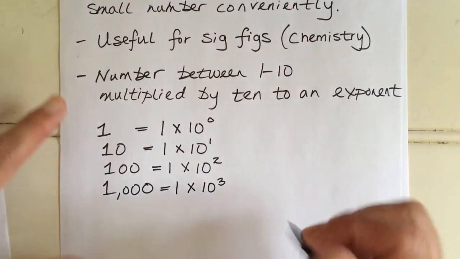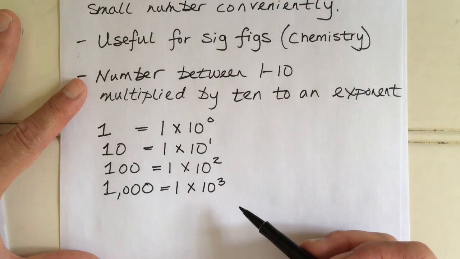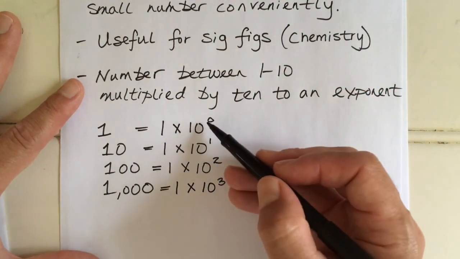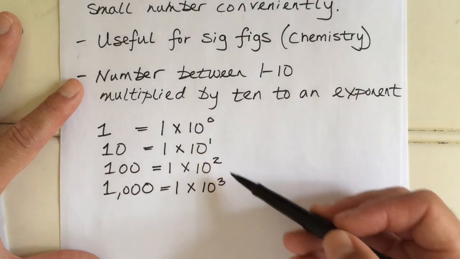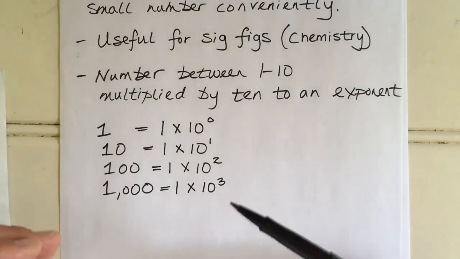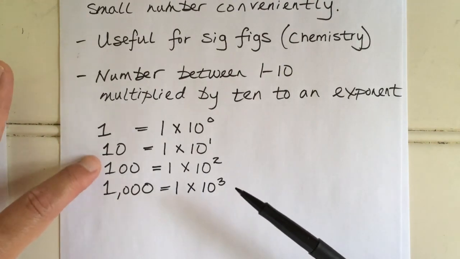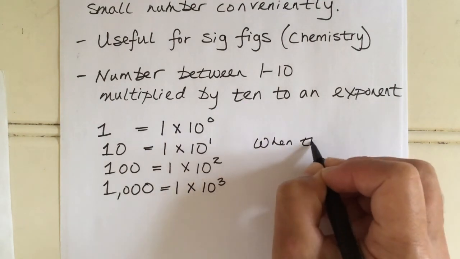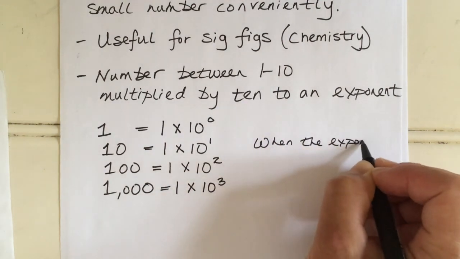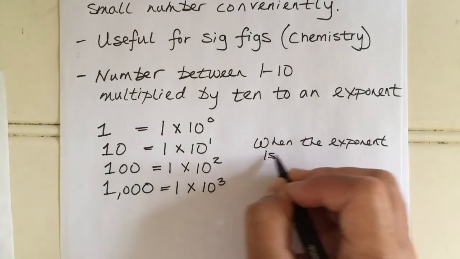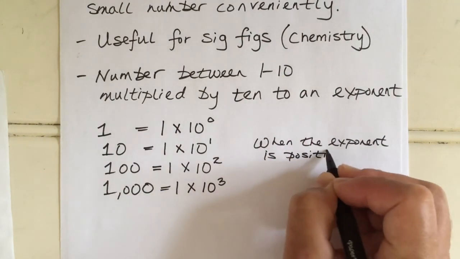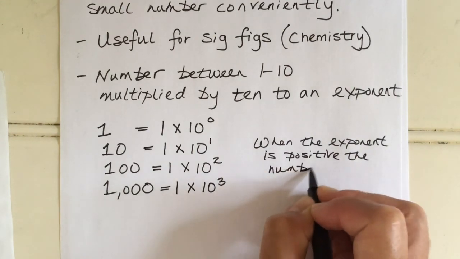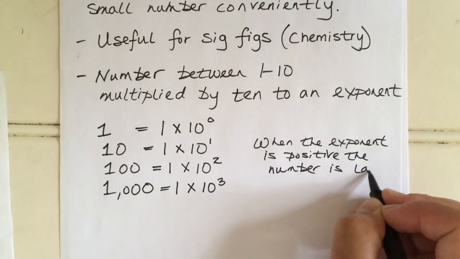So if you notice here that we're dealing with positive exponents, right? So when we write this in scientific notation with an exponent of 1, 2, or 3 that's positive, we get a larger number, right? So I can write that down right there. When the exponent is positive, the number is larger.